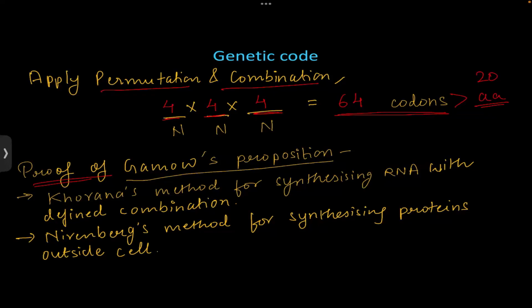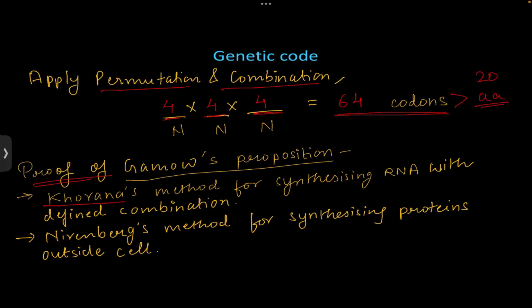So Khorana, an Indian scientist, developed a chemical method for synthesizing RNA with a defined combination. People used his method for artificially synthesizing mRNA in the lab. They can make this mRNA of any sequence they like and use that as a template for translation.